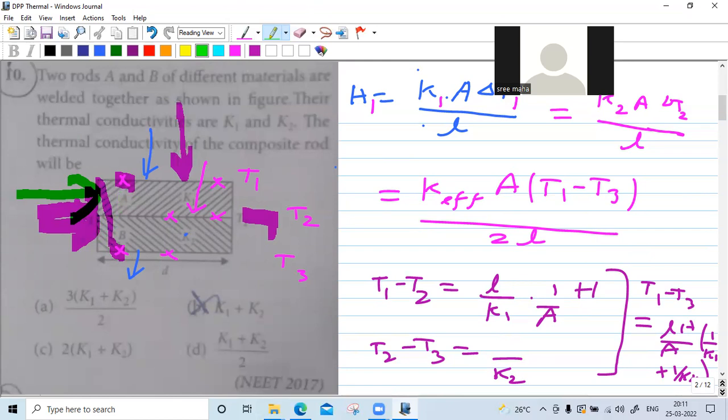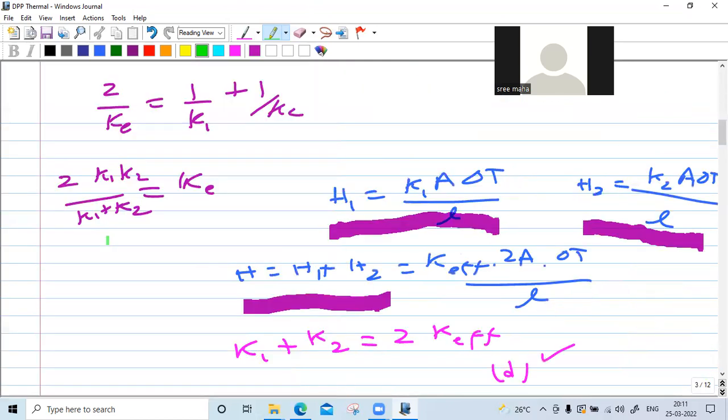H1 plus H2. So the total heat H1 plus H2, which is entering the left side, will be equal to some K effective of the composite into the area of the composite, which is how much? 2A, right?